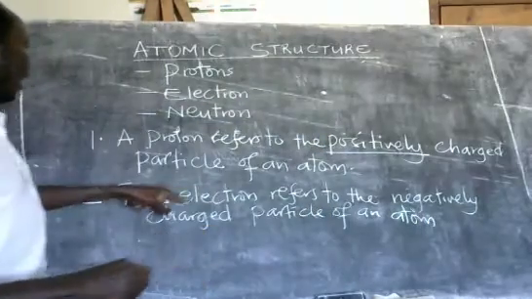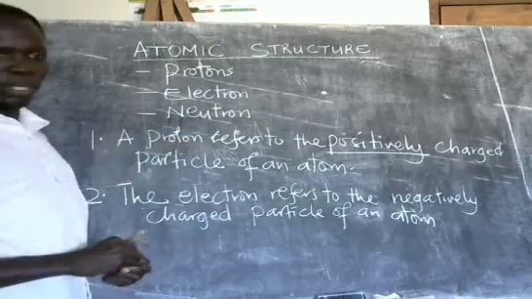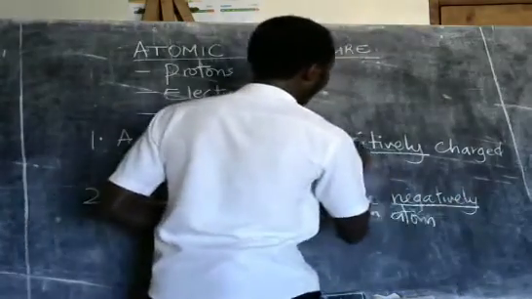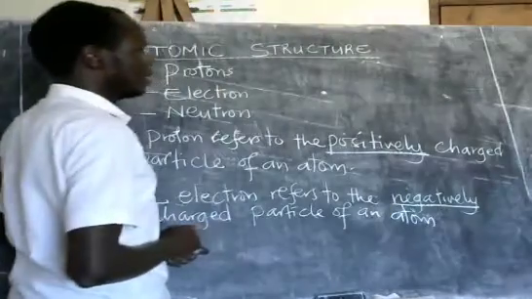But the electron and the protons are not together, the reason being that this one is negatively charged and this one is positively charged.